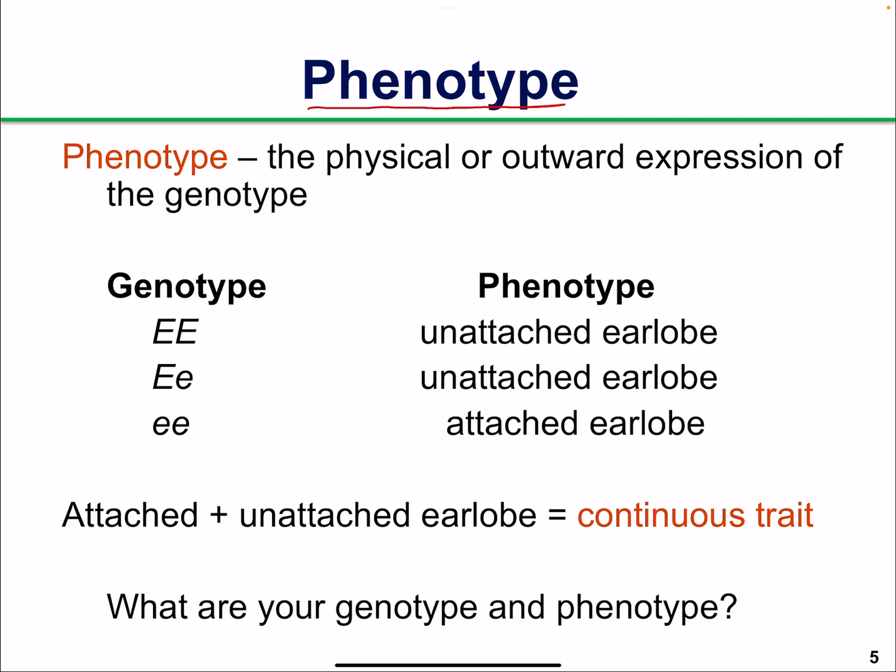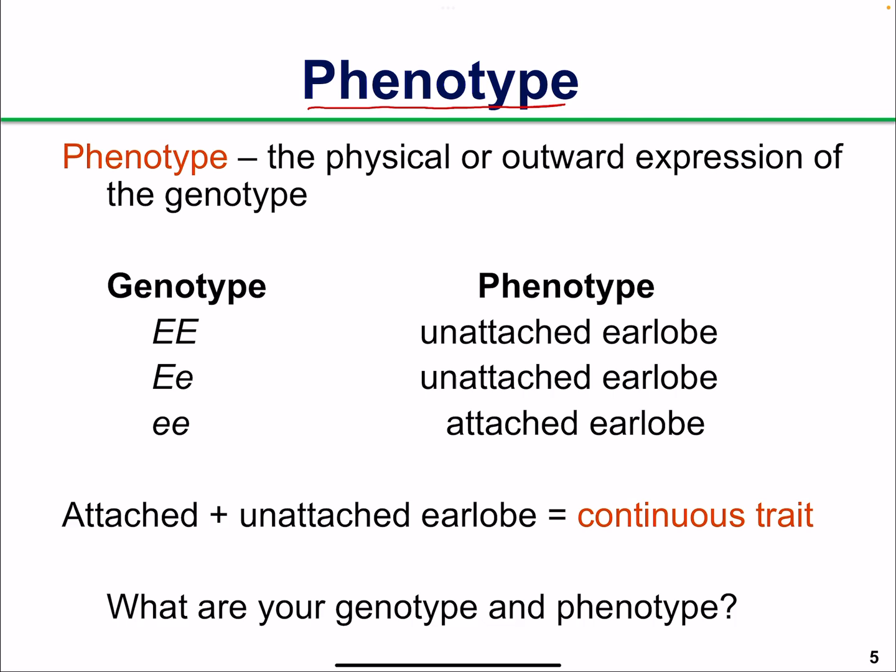All right? So we are going to ask this. If we focus on some particular features, for instance, when you consider your earlobes, are your earlobes attached or are they unattached, right? For attached earlobe, there is a particular genotype, and for unattached earlobe, there is a particular genotype.